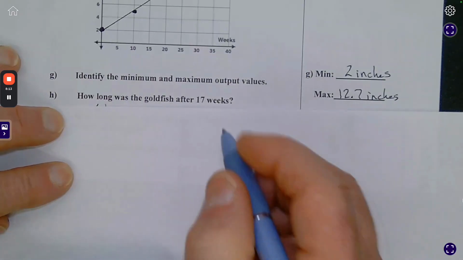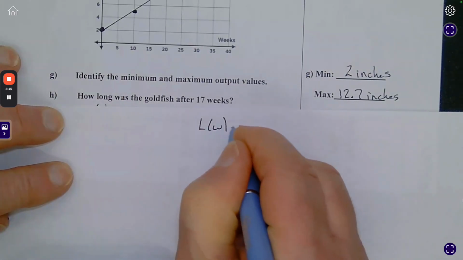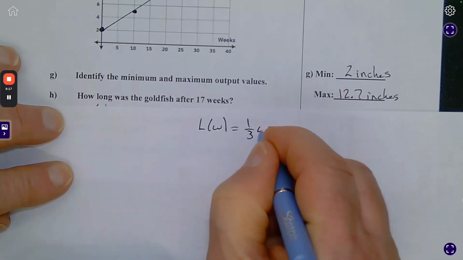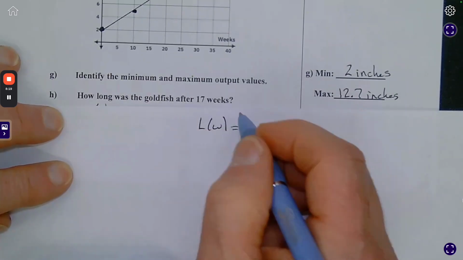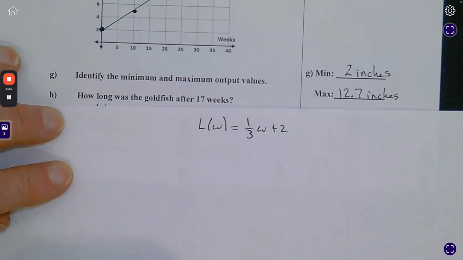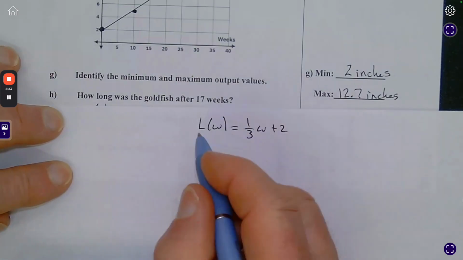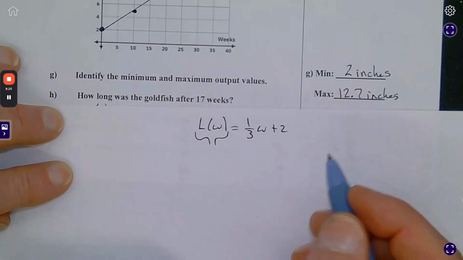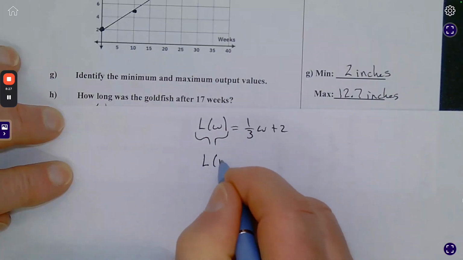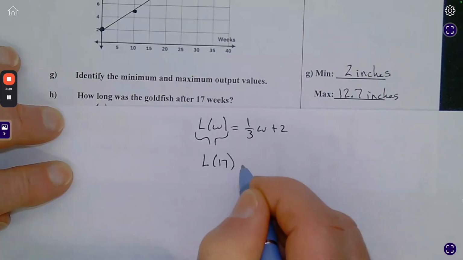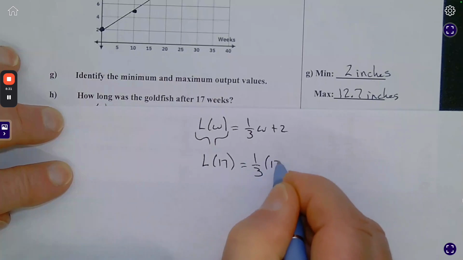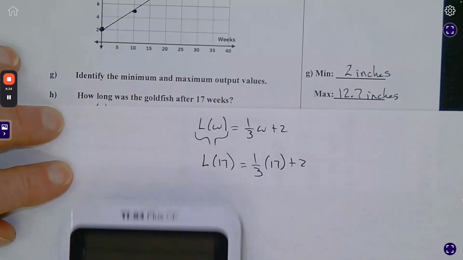That means I'm going to my model, and I'm going to input 17 for weeks, right? See how it says how long? So that means I'm looking for this. How long? So L(17), the length at week 17, is 1/3 times 17 plus 2.